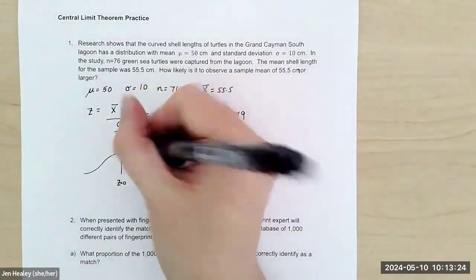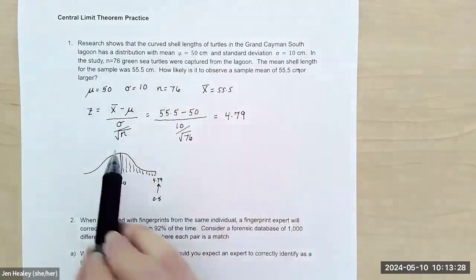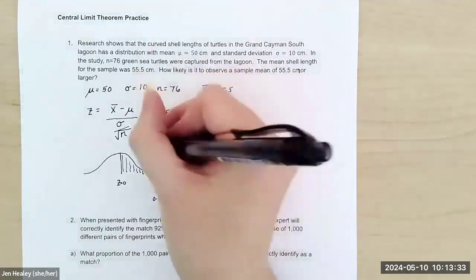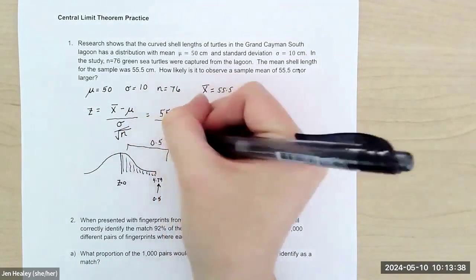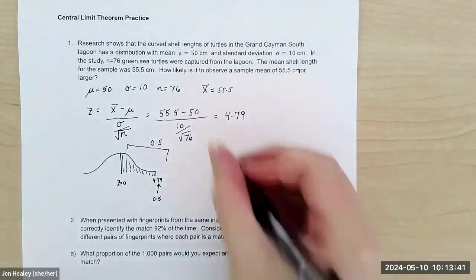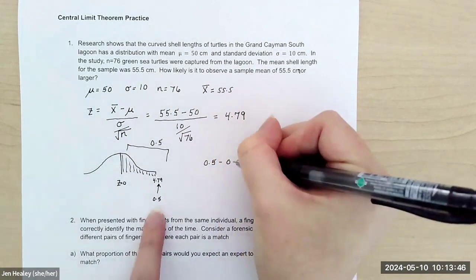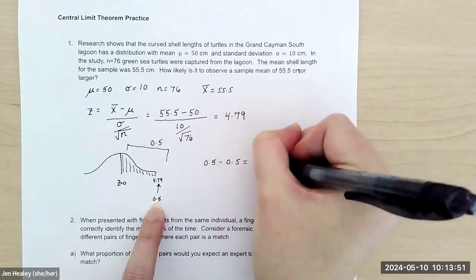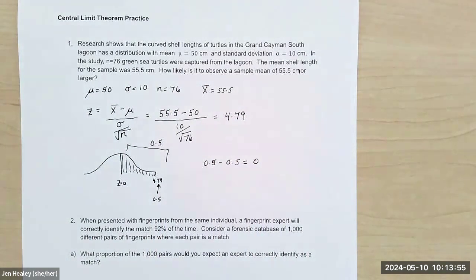And when I ask what is the area from z equal to 0 out to the entire edge of this whole side of the table, it is 0.5, or the distribution is what I mean to say. So we're going to take 0.5 and subtract the 0.5 that we got when we looked on the table, and we get 0. So in terms of my probability, did I actually need the table to do this one? No, because I already knew 4.79 was crazy.